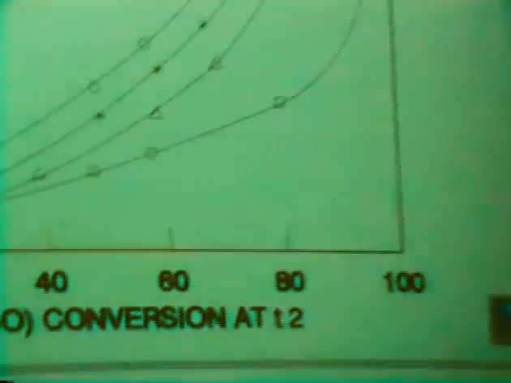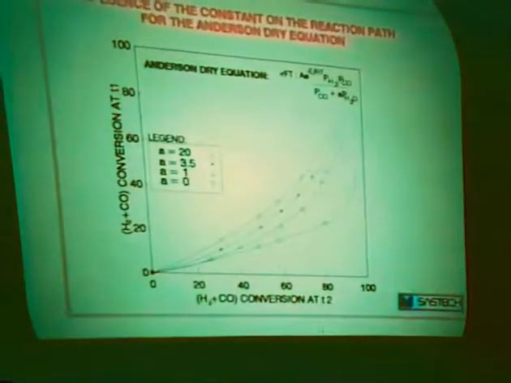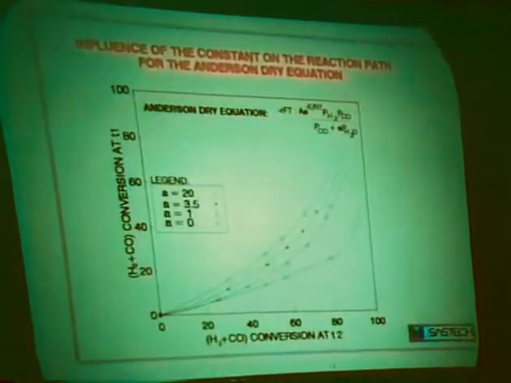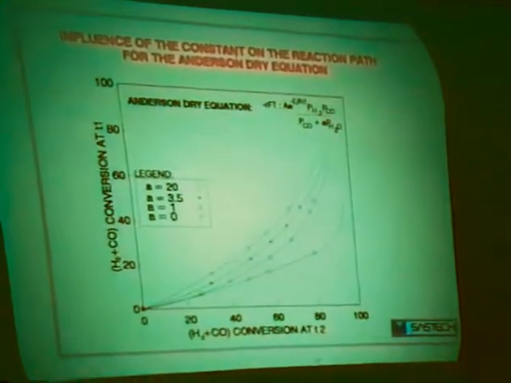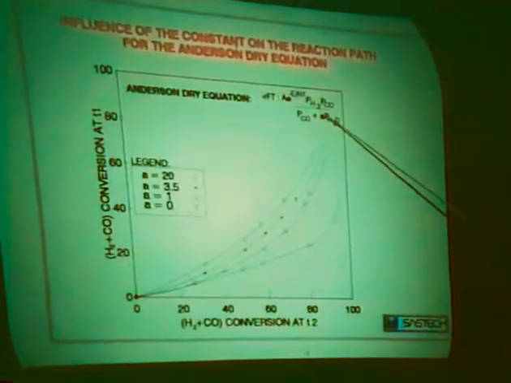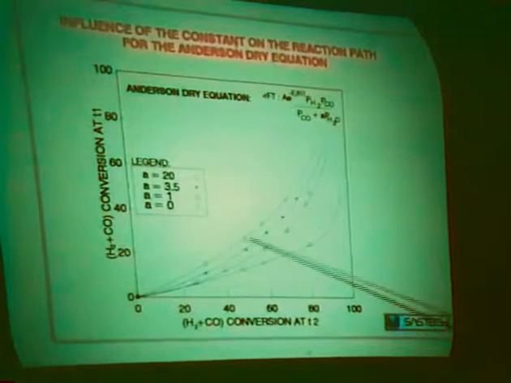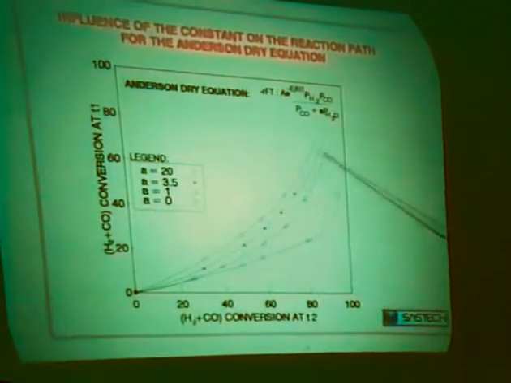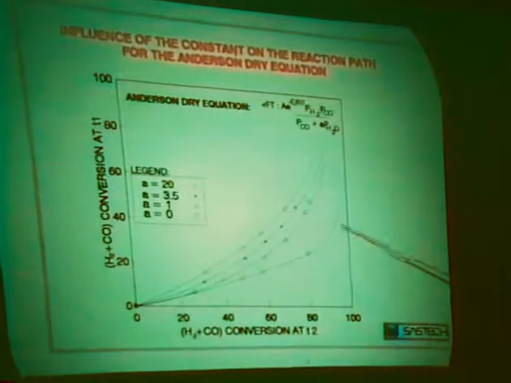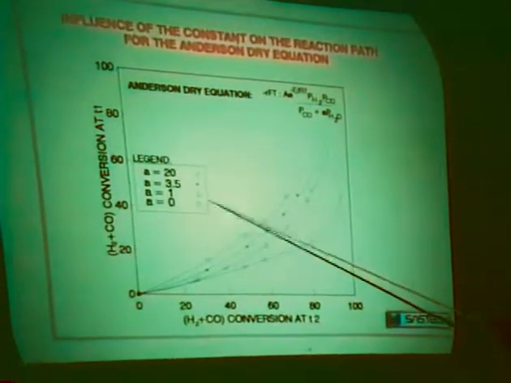Then, as we change this constant here, the water, which is a product from the Fischer-Tropsch reaction, at the same time has a negative effect on the kinetics. So it is again like changing the gravity as you go along. And we see that by changing the constant A, we do have different paths. This is the worst case, when it's zero.